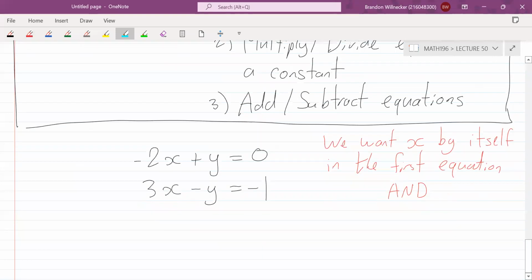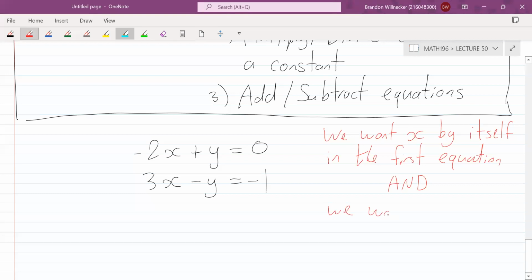In other words, for the second equation, we want to eliminate x.